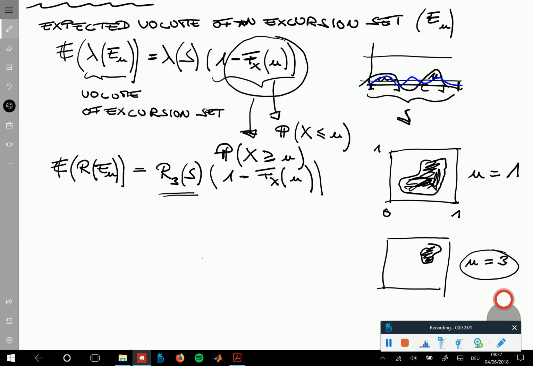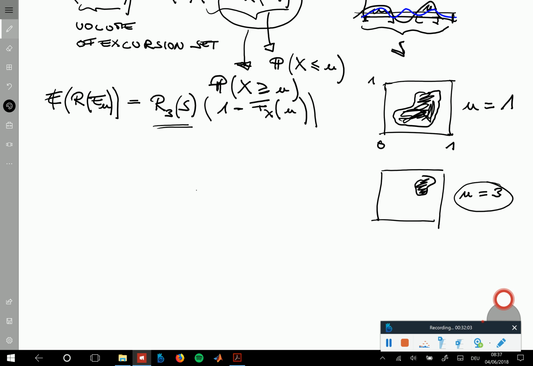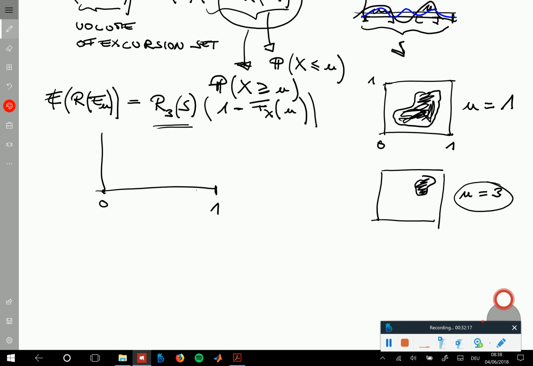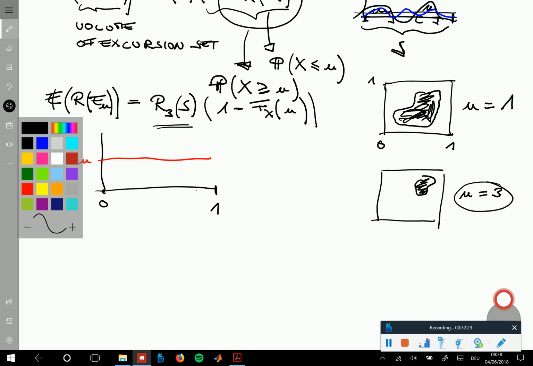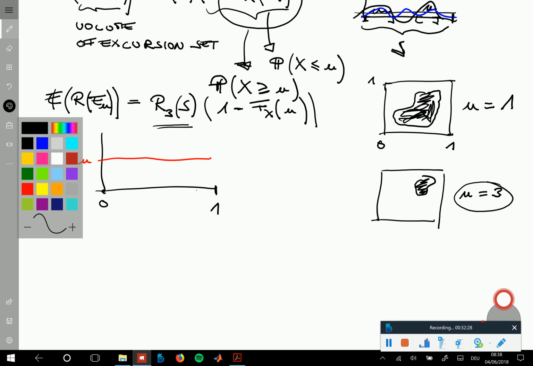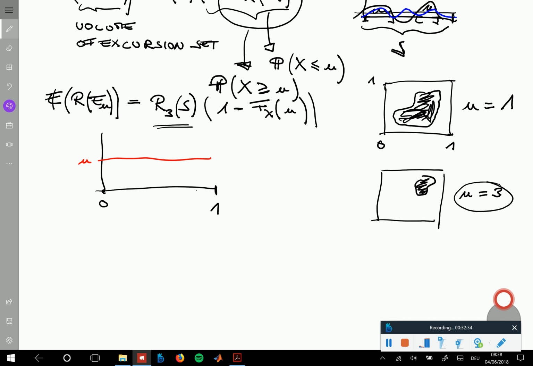So the intuition is the following. Let's say we have a unit Lebesgue measure interval here in 1D, and now we have a threshold u that is, let's say, here. And now we have two random fields with varying smoothness, one being not very smooth and the other one being quite smooth. Both have expectation 0. The non-smooth thing would look something like this.